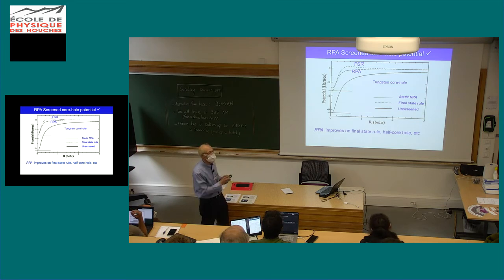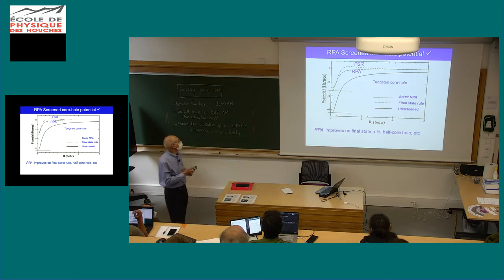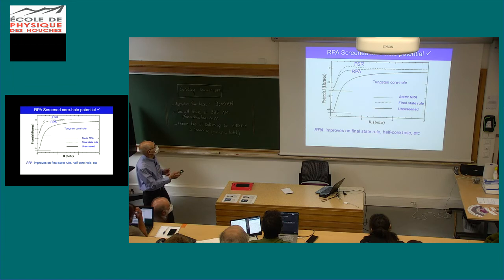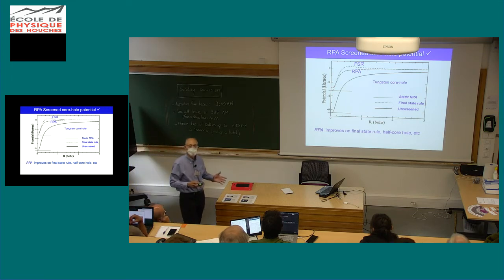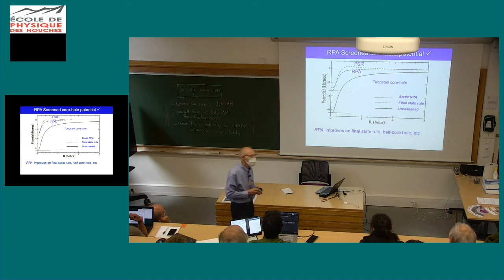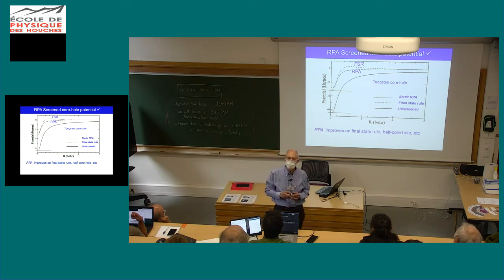Anyway, the RPA is what they use in the Bethe-Salpeter equation. So to get a correspondence with Bethe-Salpeter, we can also use RPA. They're both about the same, as you can see. And what's interesting is that they both come to about half a full core hole. That's another popular approximation. They take a half core hole, and they call that a Slater transition state core hole.